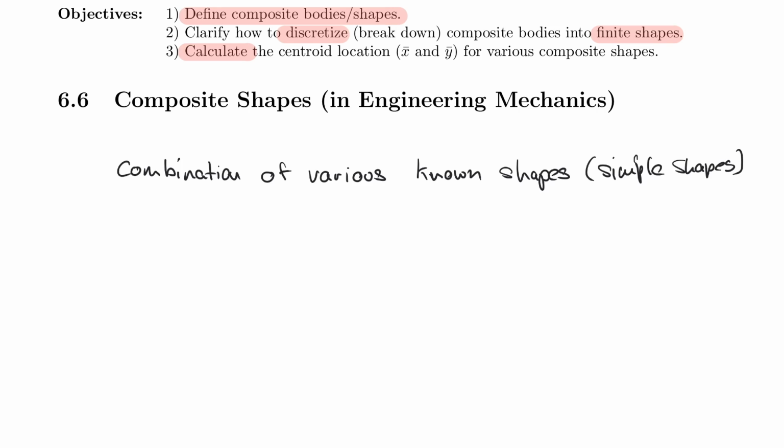So those simple shapes, I know every geometric feature of them. So known shape here means I know all geometric features.